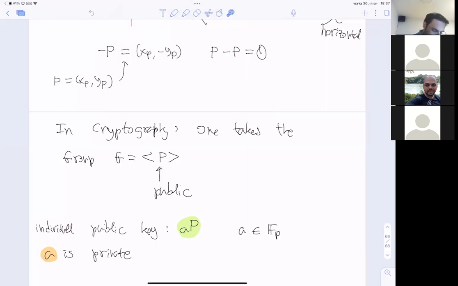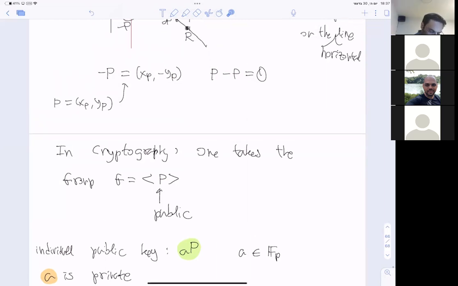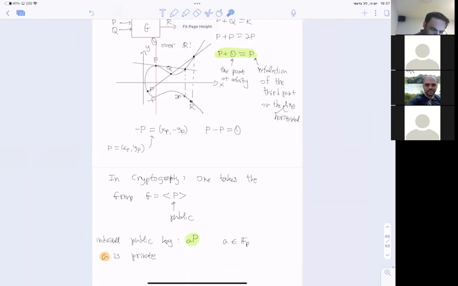So AP is another point here, somewhere, and this is public. So you could have started with P and done P plus P, which is this. Now this plus P is another point. After that, that point plus P is another point, and it goes like this in an iterative way until you get this AP, and the number of steps you needed would be A. But it's too hard.